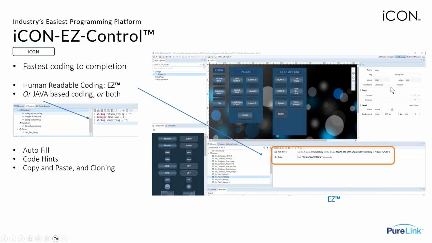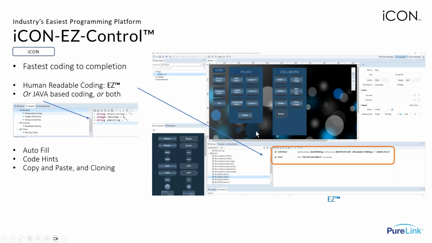To the right of that is the parameters of any currently selected component. So if I select a button, the settings for that button will appear on the right, or if I pick a container, it'll context sensitive change to show me the correct parameters for each of the different types of components.